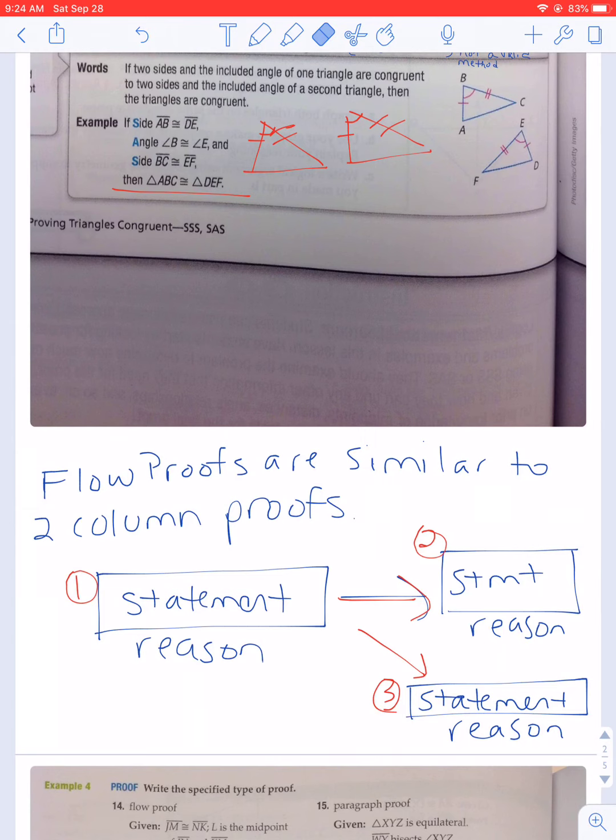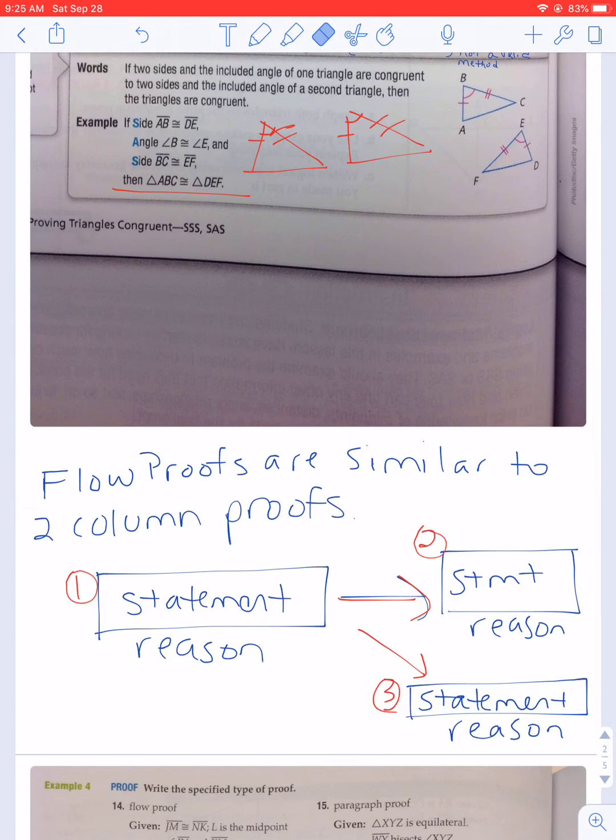And so you could list either one of those as two or three, but I would just go in order of appearance as you see it. Usually we work top to bottom, so more than likely your two-column proof would list the first statement and reason, and then the second statement and reason that's on top, I would list it second, and then list the next one third.